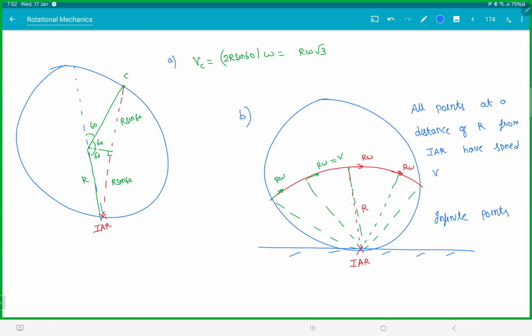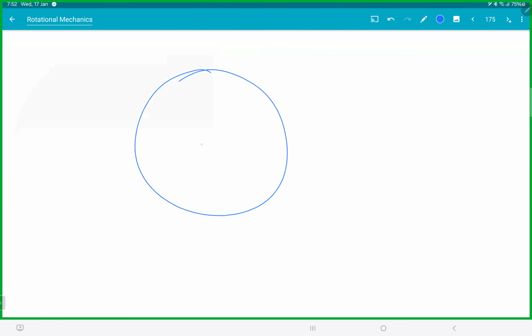If you try to do this normally, क्या होगा पता है? देखो, if you try to do it normally, you take a point here at an angle theta. This will be V here. This will be R omega. The speed of the particle will be root over V square plus R omega whole square plus 2V R omega sine theta.